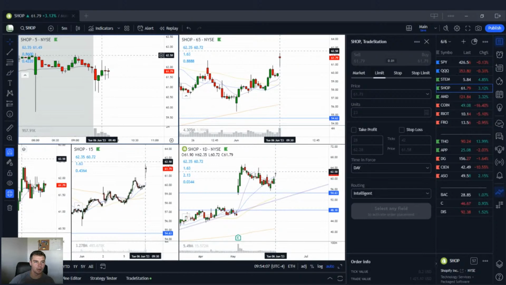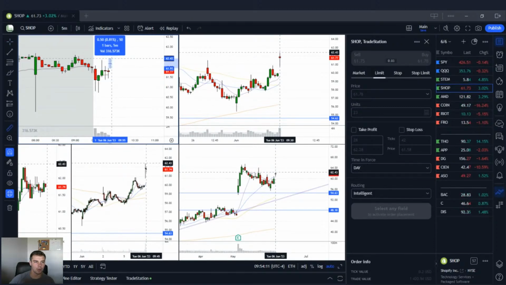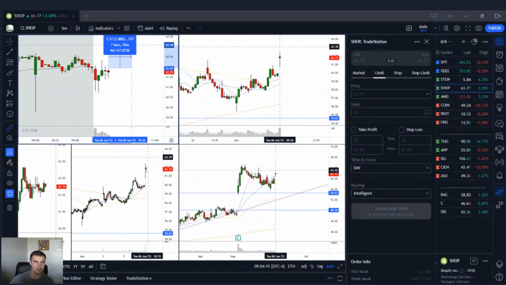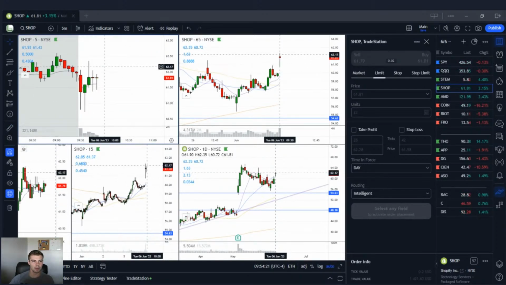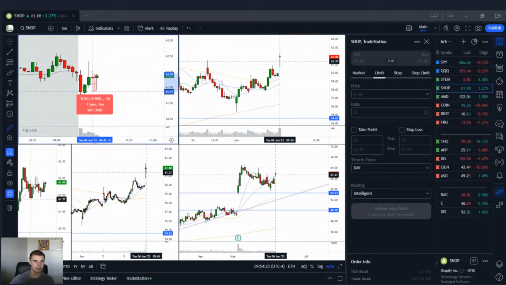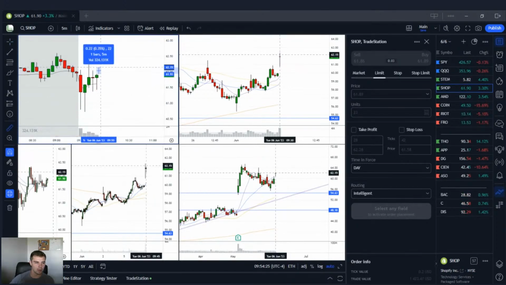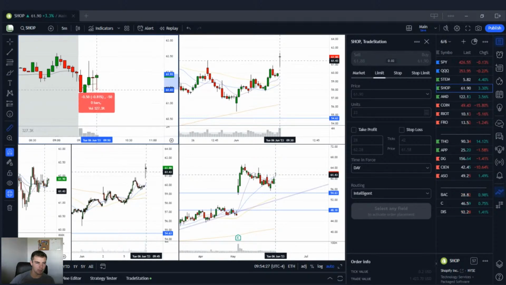Shopify right here. Little pseudo buy setup. $1.21 on the stop. What do you mean? 80 extra cents. Just over 63. Keep an eye on this, guys. Thinking about getting in here. Maybe tighten the stop up a little bit more.